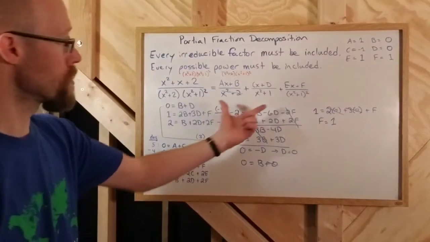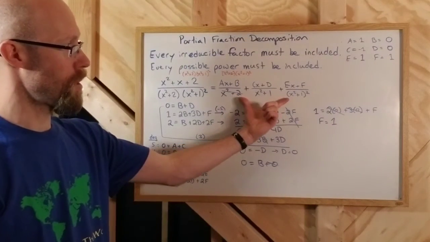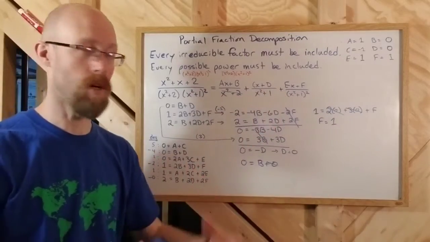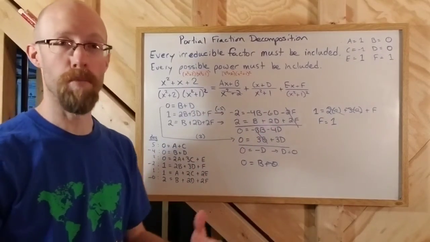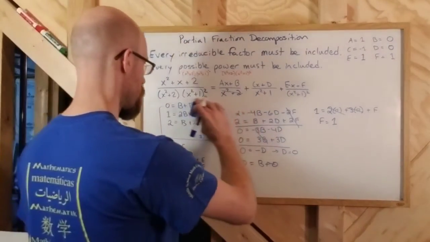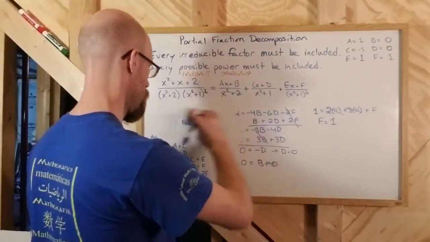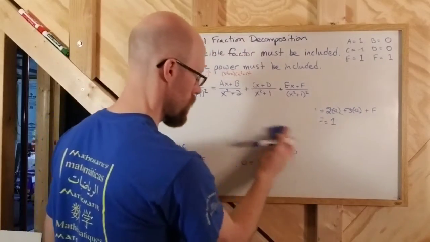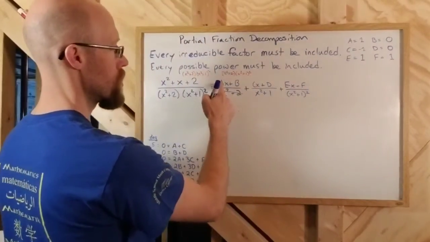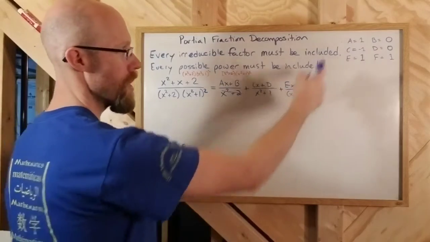Final answer should always be the partial fraction decomposition, the decomposed fractions. Okay, so what I'm going to do then is get rid of some of this work and just write out my final answer, which is just the A, B, C, D, E, F plugged back in.